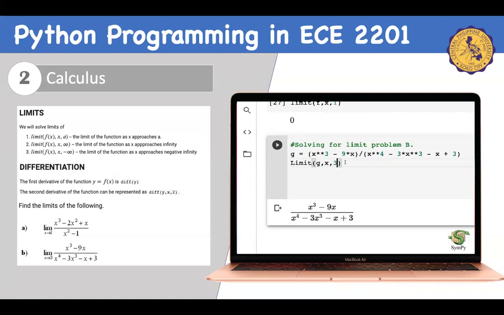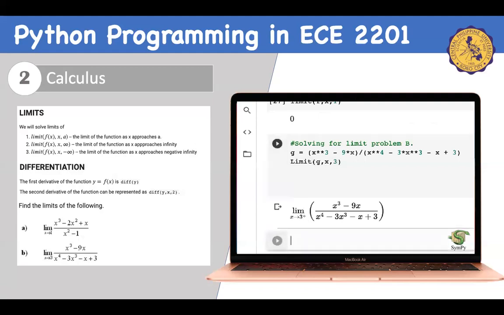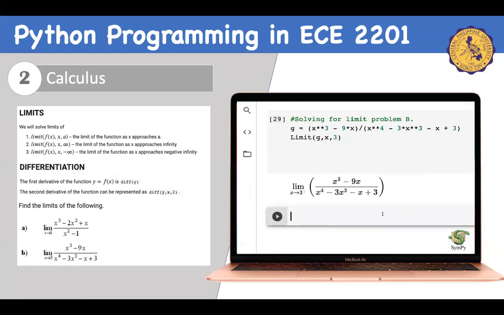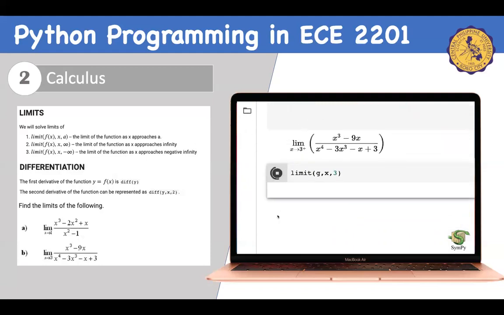Running the code will give you the limit expression. Now, if you want to solve the limit, you can say limit of g, take note, the lowercase limit, as x approaches 3. It will give you 9 over 13. That's the value of the limit.